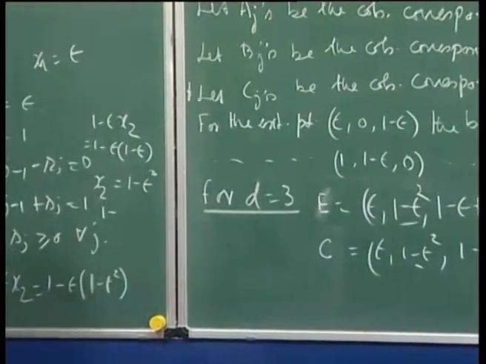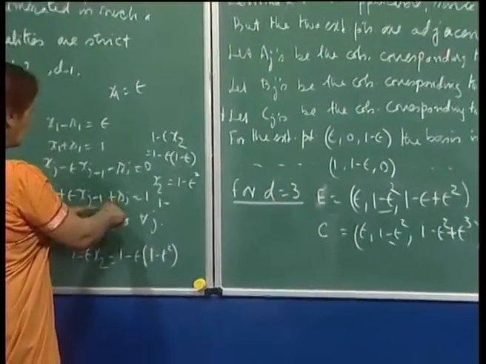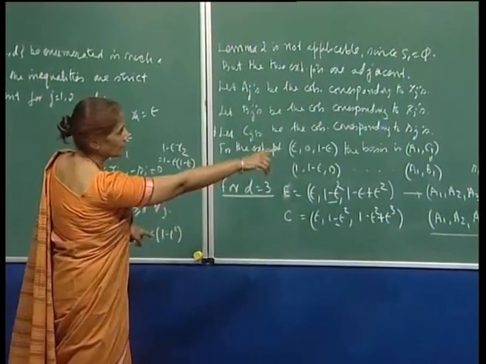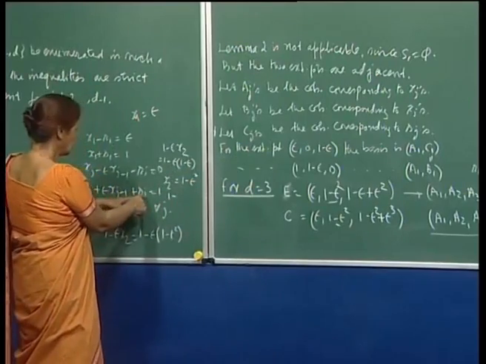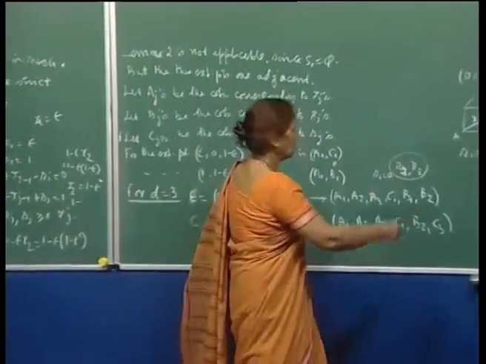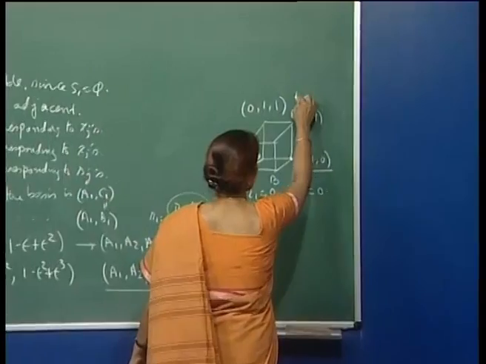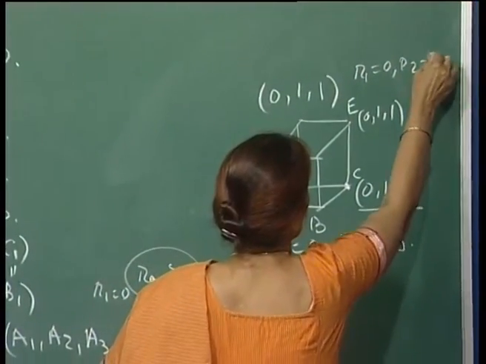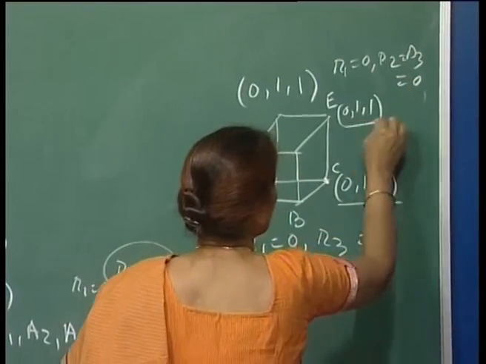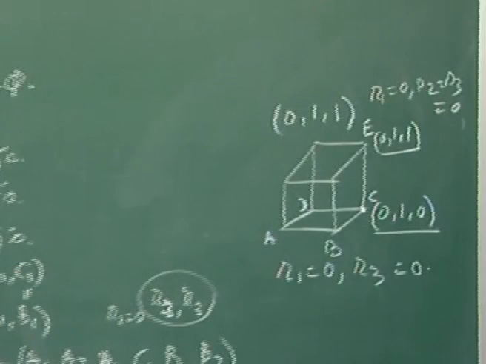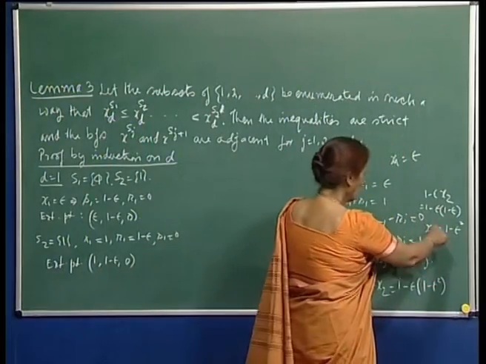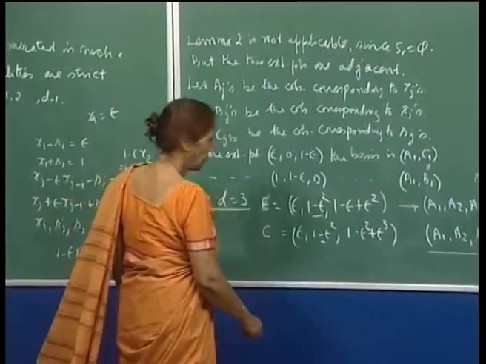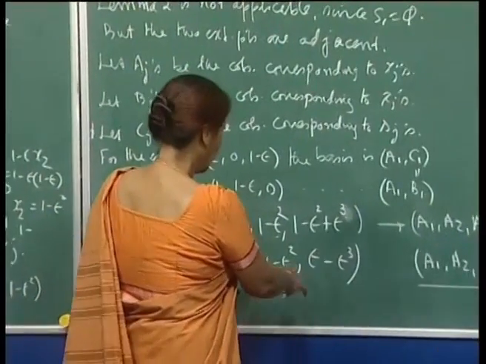Okay, and then the third one, when S 3 is also 0: for this one only R 1 is 0, and then you have S 2 and S 3 equal to 0, right, for this point. Therefore, this will be 1 minus epsilon times 1 minus epsilon square. So, let us just go through these points.